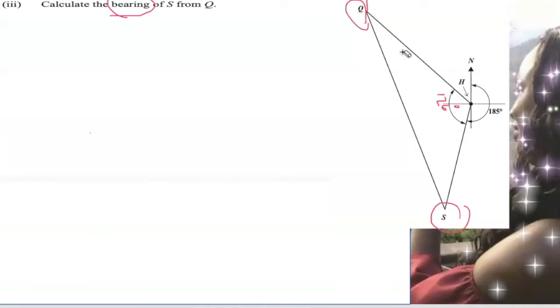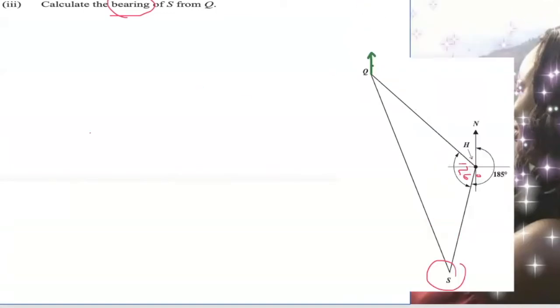Now, in order to measure the angle, first I'm going to draw my North Pole. We need to measure the angle that is formed going in a clockwise direction from the North Pole going towards this line. So all of this represents the angle.